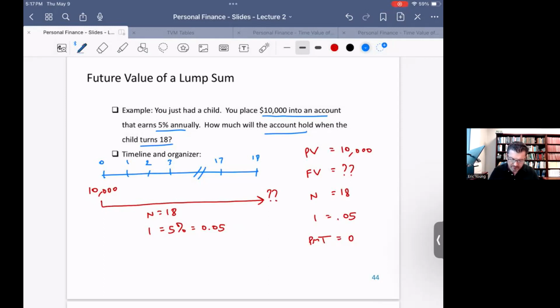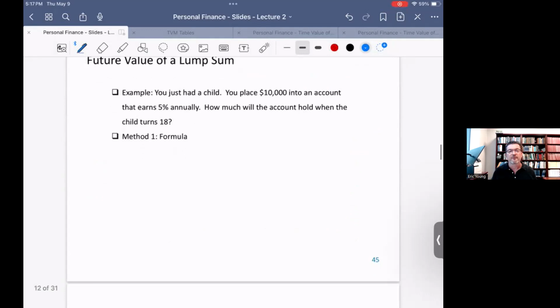So let's solve it first with the formula method. Okay, so here's the formula. The future value of any sum is the present value multiplied by 1 plus the interest rate raised to the exponent of n.